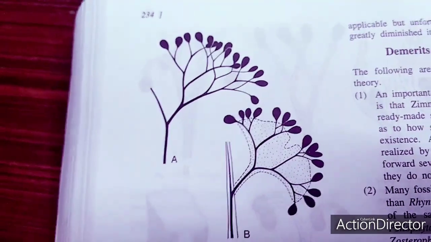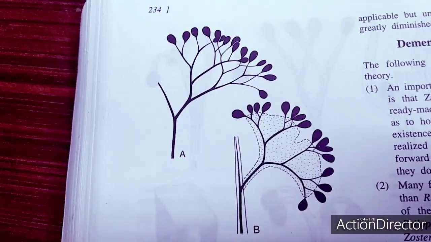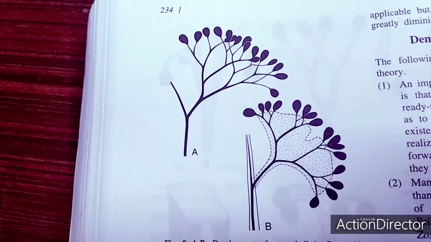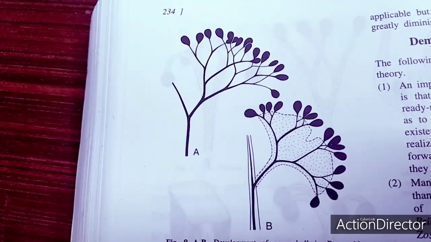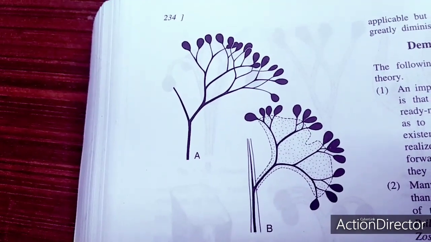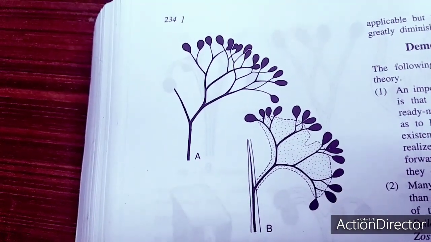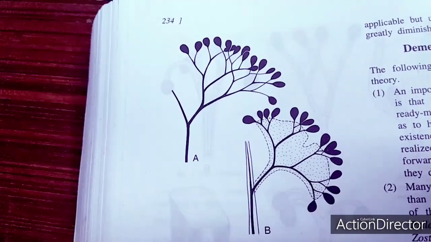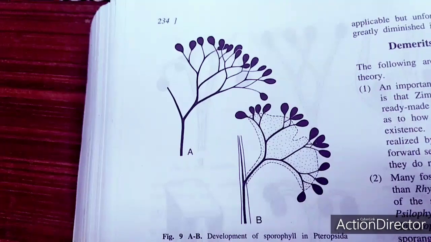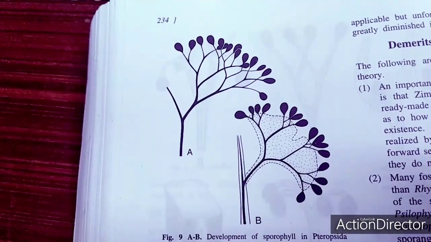And then another process, the third type, has also been there. This third type is the origin of sporophyll in Pteropsida. So Pteropsida have largely pinnately divided sporophylls. So Zimmermann suggested that there are elementary processes such as overtopping, reduction, syngenesis, and incurvation, and this resulted in the development of such sporophylls.